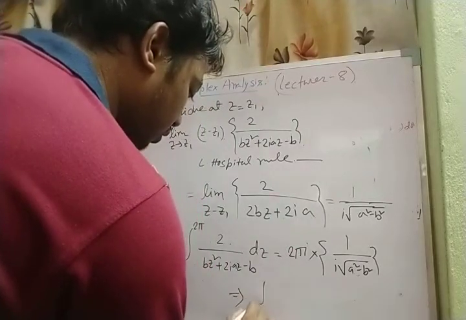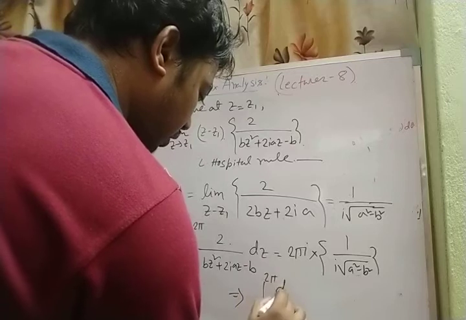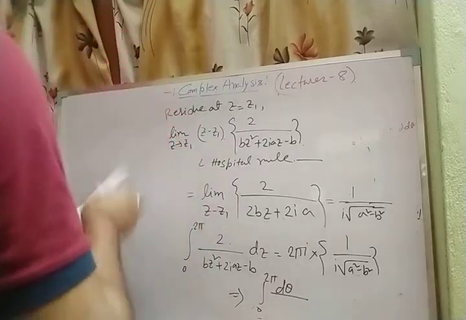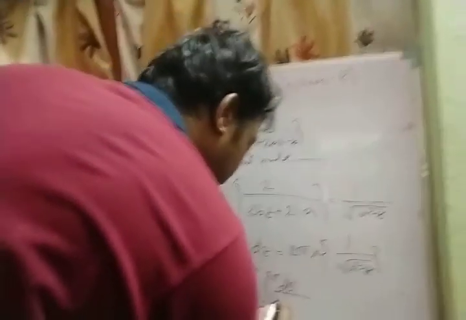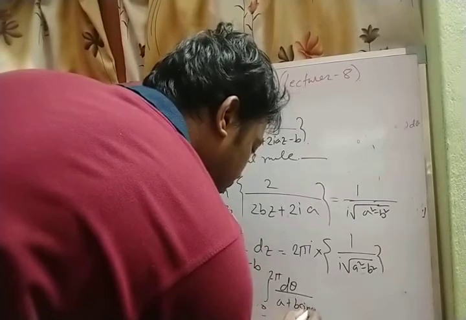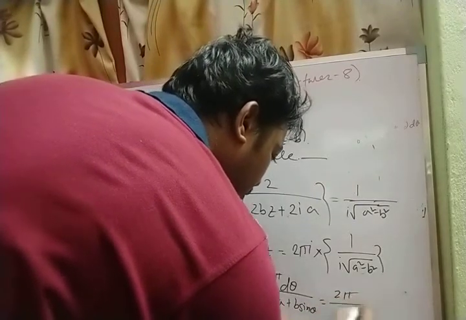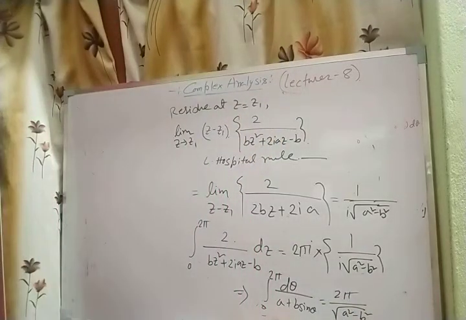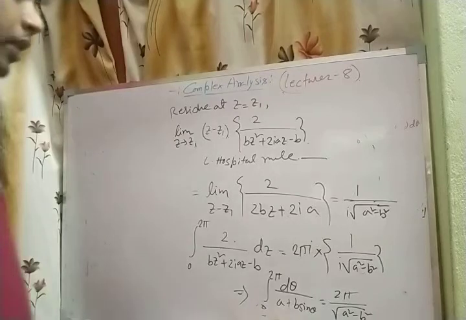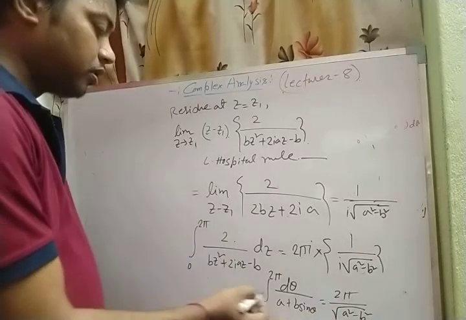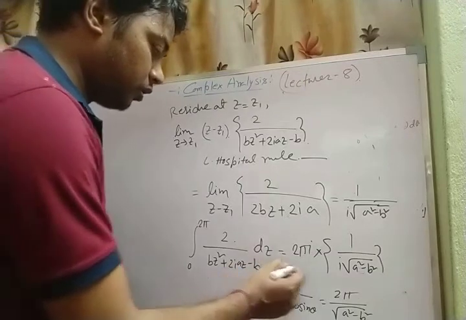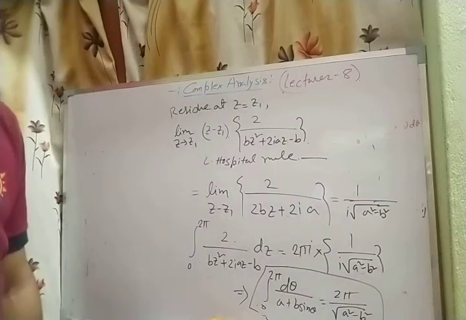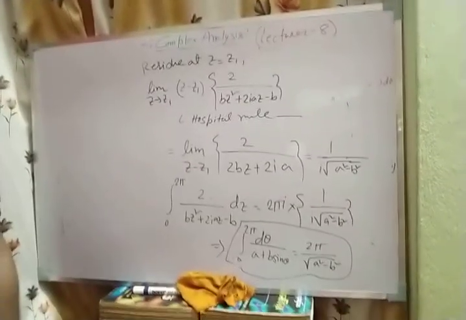This side gives the integration 0 to 2 pi d theta by a plus b sin theta, which gives 2 pi by root over of a square minus b square, and this gives the actual integration. So 2 pi by root over of a square minus b square.